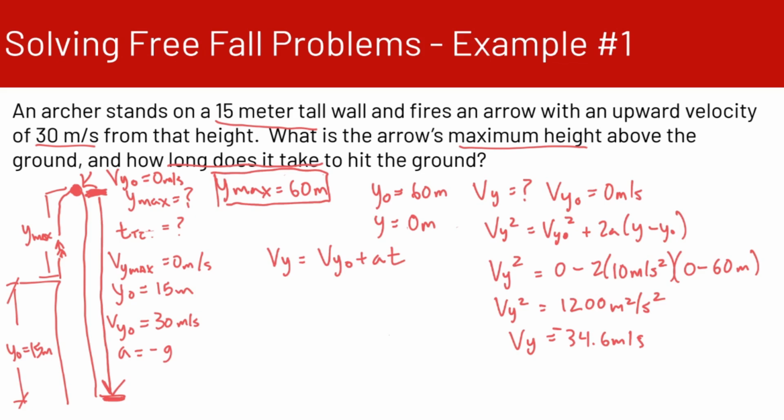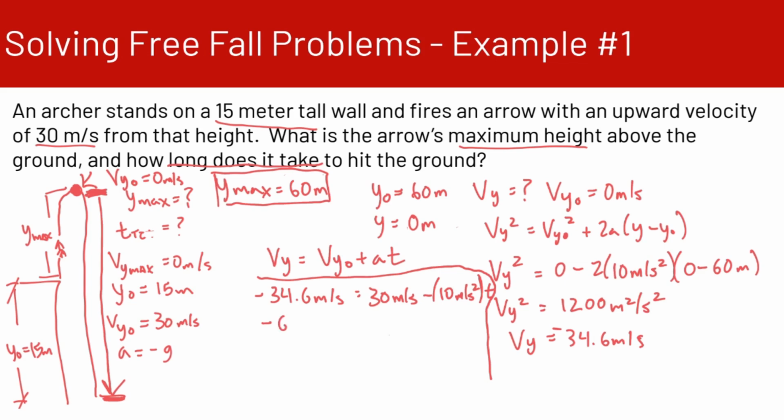So we have Vy is minus 34.6 meters per second. That's equal to our initial speed, which was 30 meters per second, minus 10 meters per second squared times t. Sorry, things are a little crowded here. So let's separate that right there. Okay. So subtract 30 from both sides.